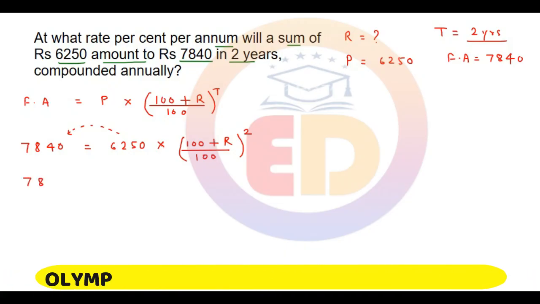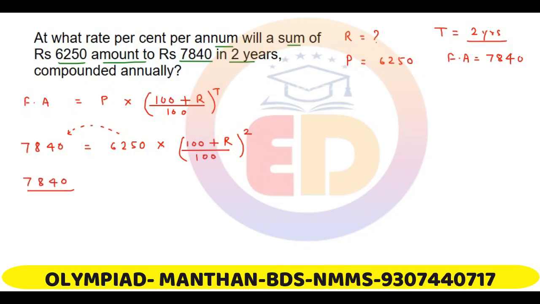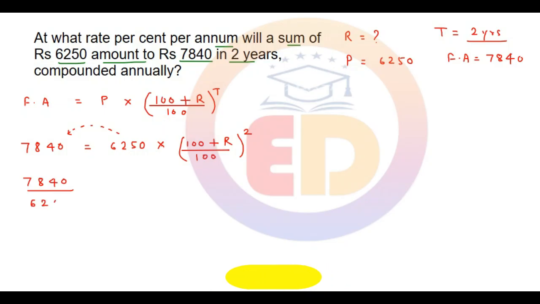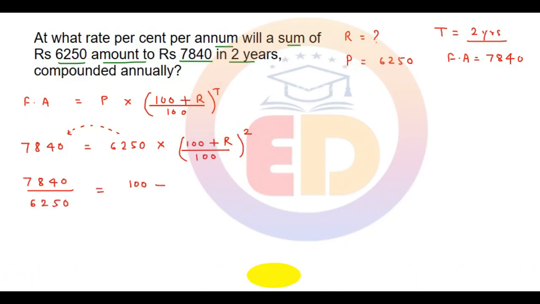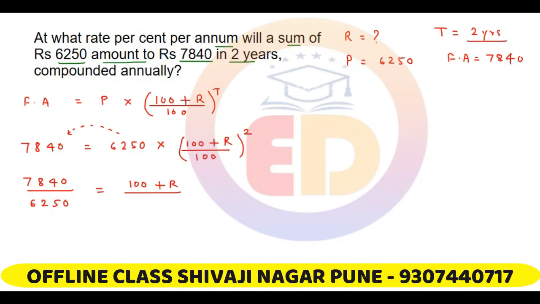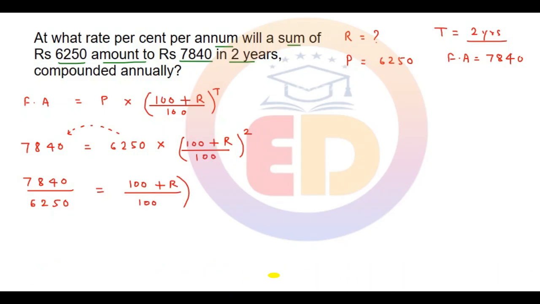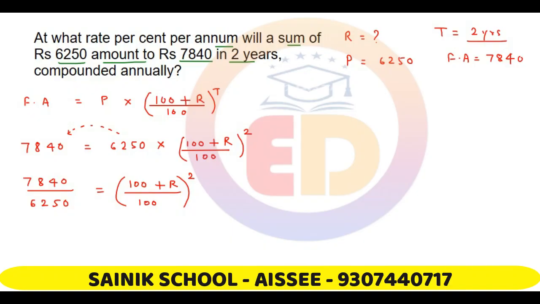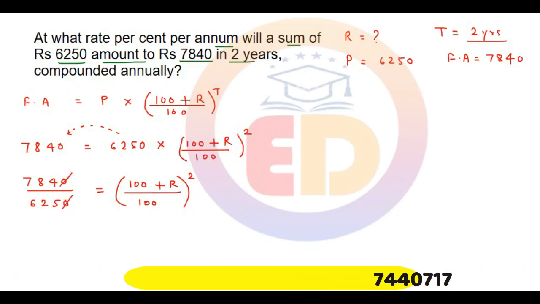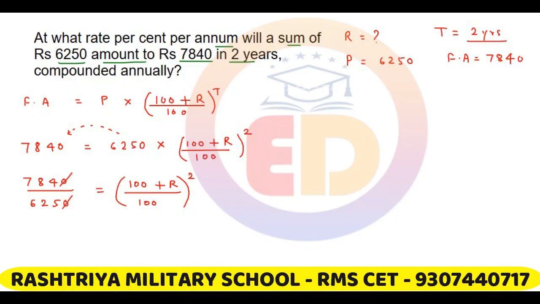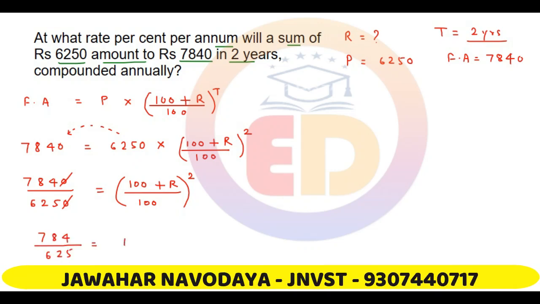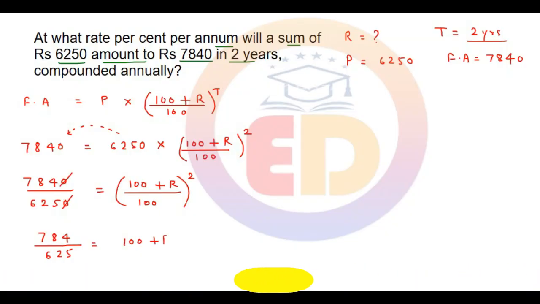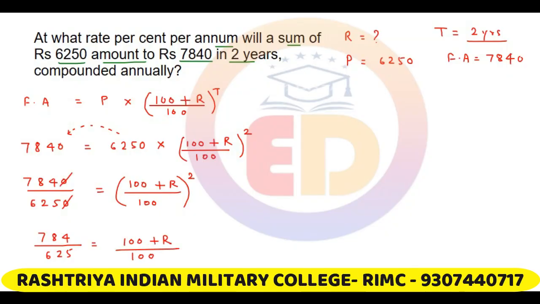This is 7,840 upon 6,250 equals 100 plus r upon 100 whole square. Cancel the 0 and 0. 784 upon 625 equals 100 plus r upon 100 to the power of 2.